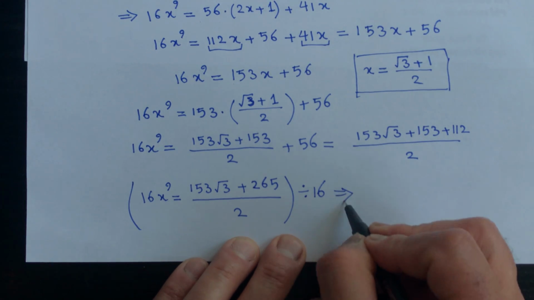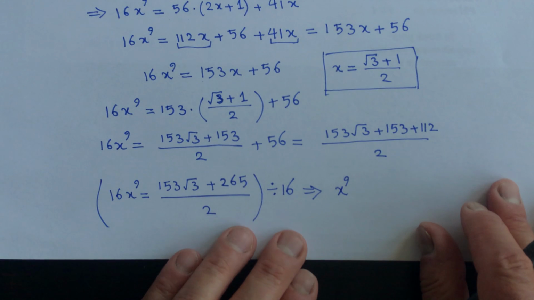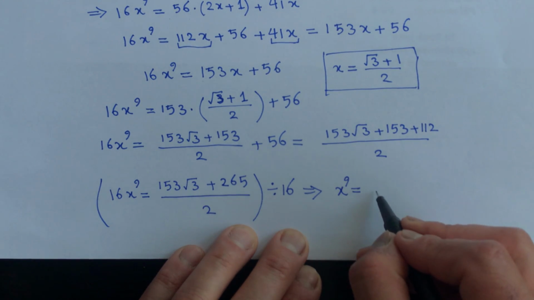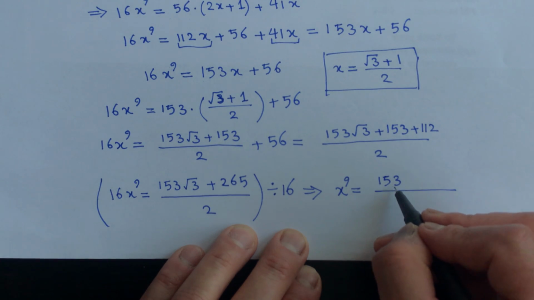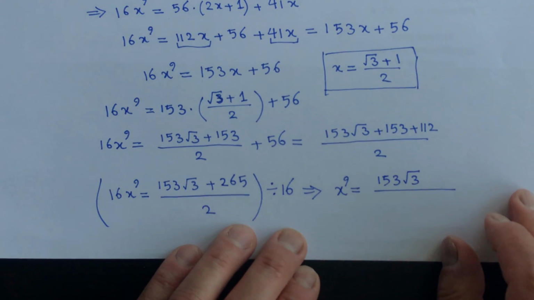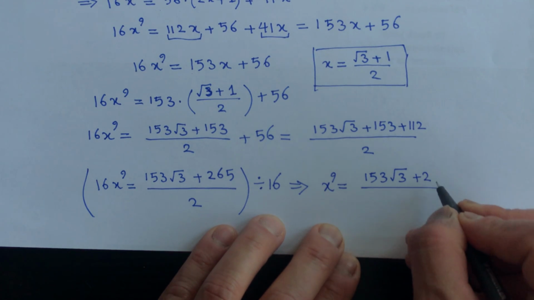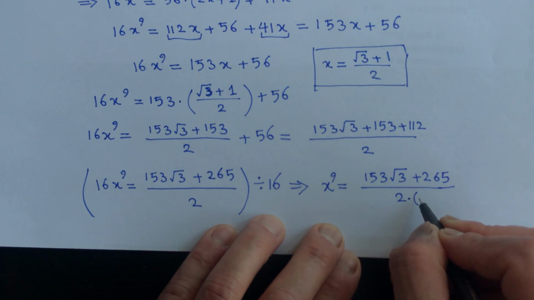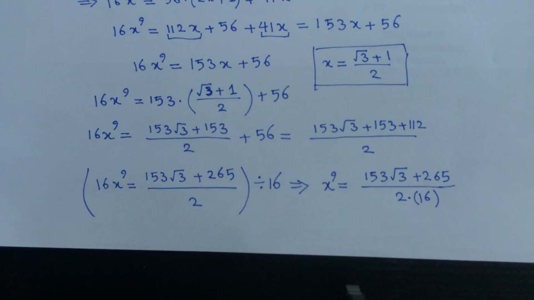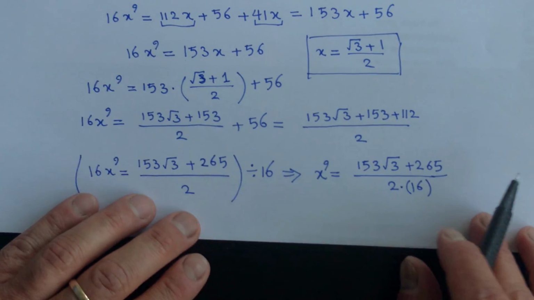So x to the power of 9 equals 153 square root of 3 plus 265 over 2 times 16, because we divide both sides by 16, and 2 times 16 is 32.